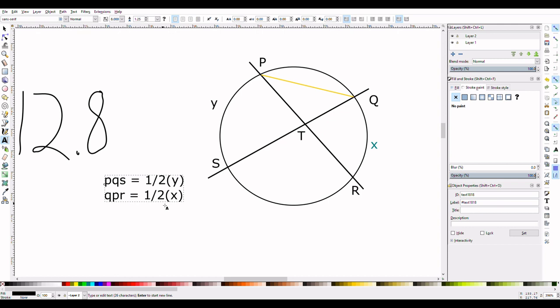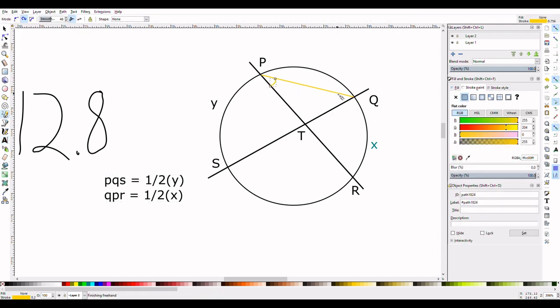What's my next step? We want to solve for QTR. What is QTR? Well, you notice that angle QTR should be angle PQT plus angle QPT.